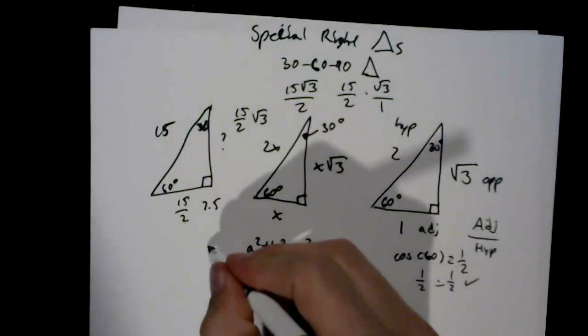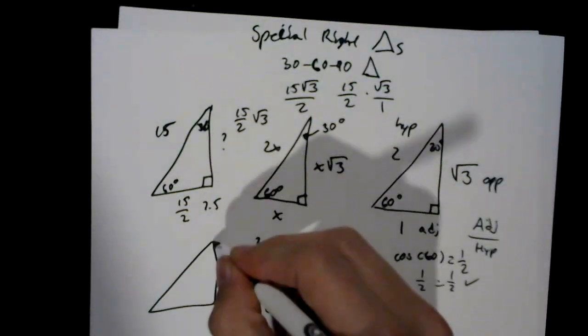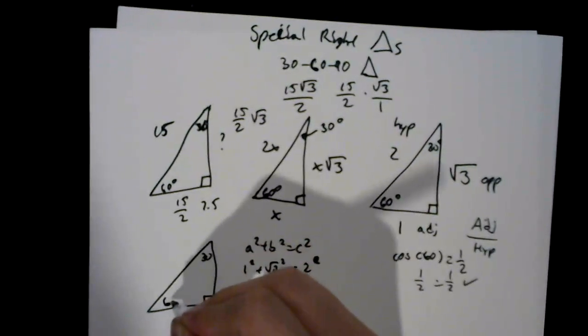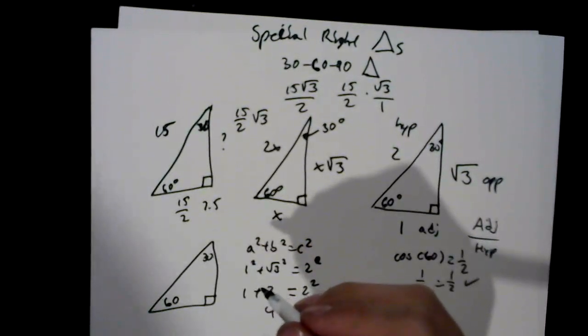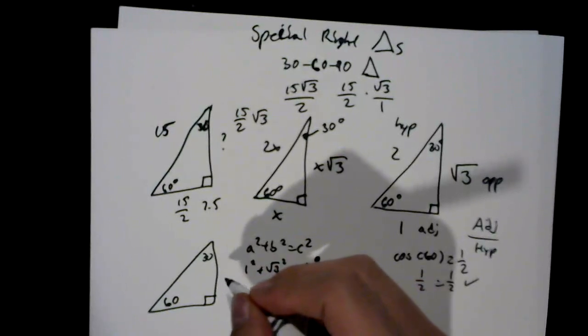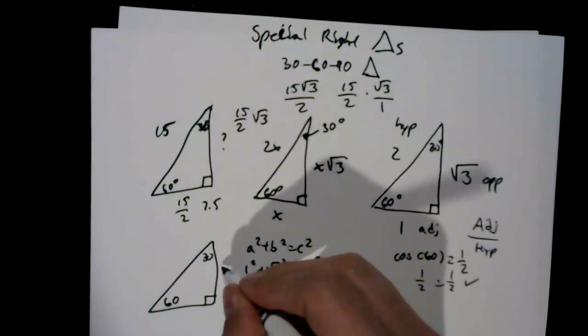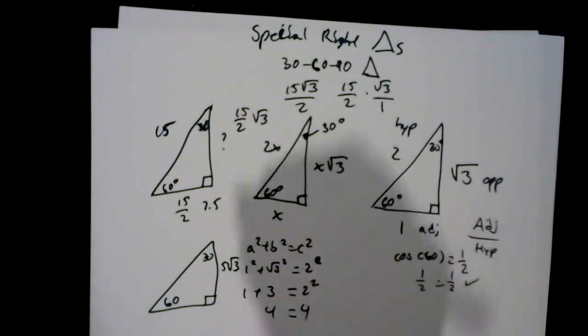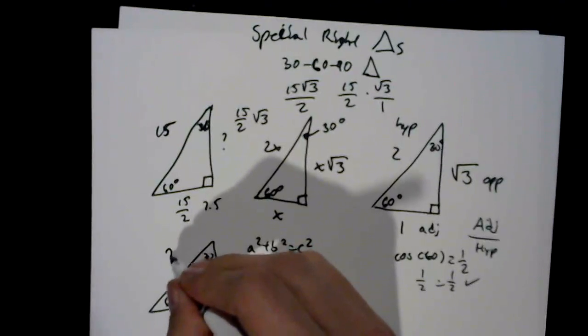They may also do the opposite and say, well, what's 5 square root 3? And they might ask you what this side is.